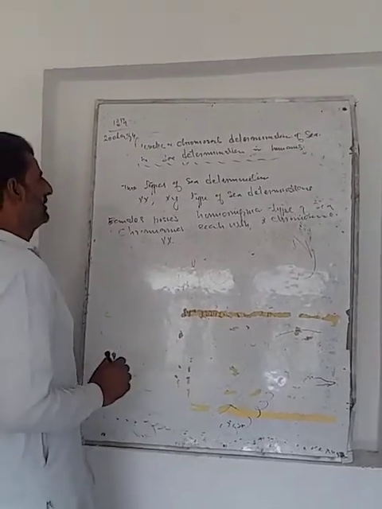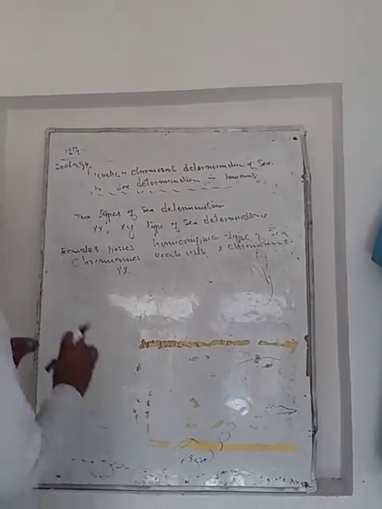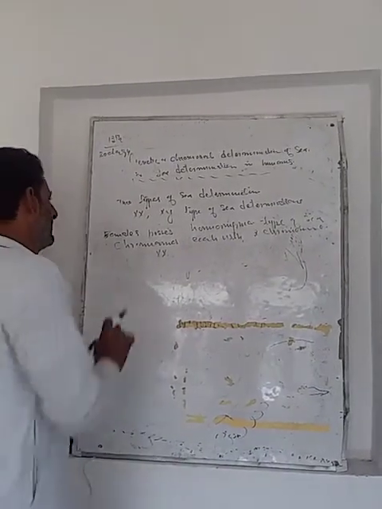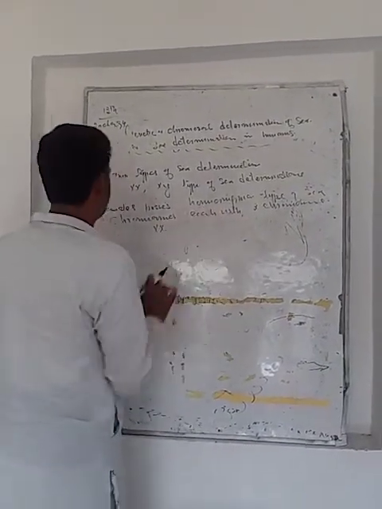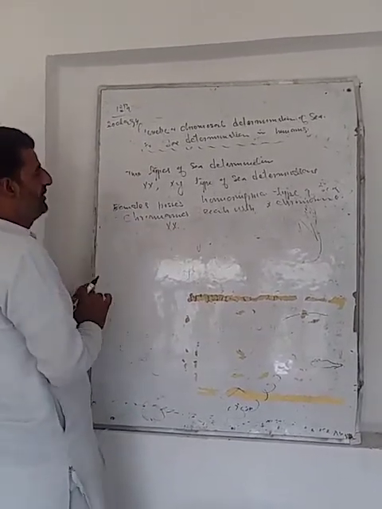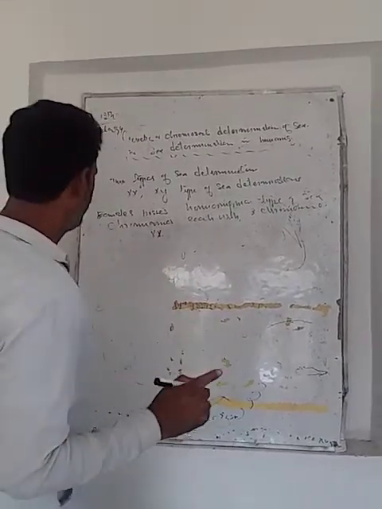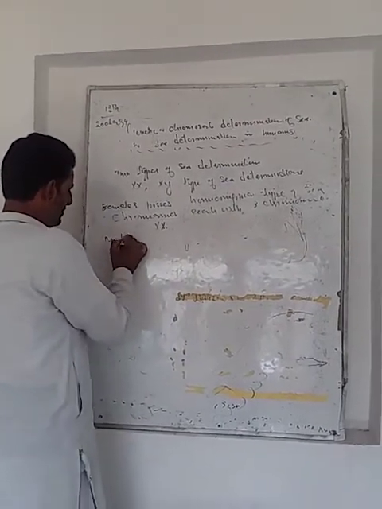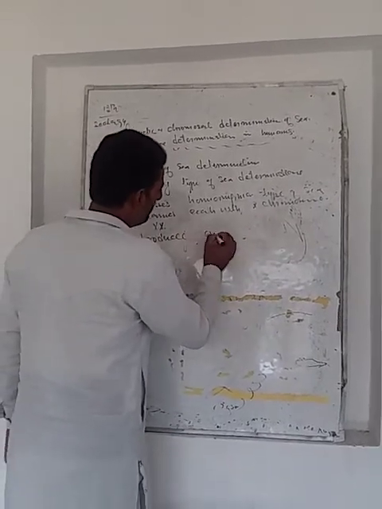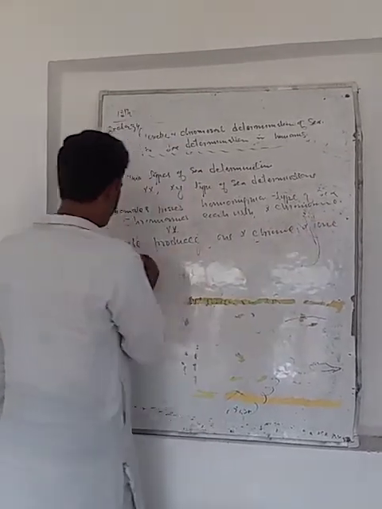If we talk about how sex can be determined, there are two types of sex determination in humans, XX and XY. The females possess a homomorphic type of sex chromosomes, each with X chromosome, that is, the same kind of chromosomes, X and X. And on the other hand, males produce one X chromosome and one Y chromosome.